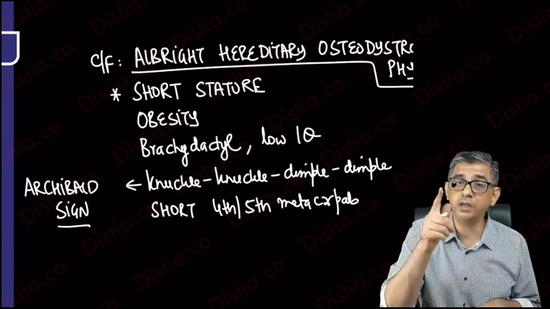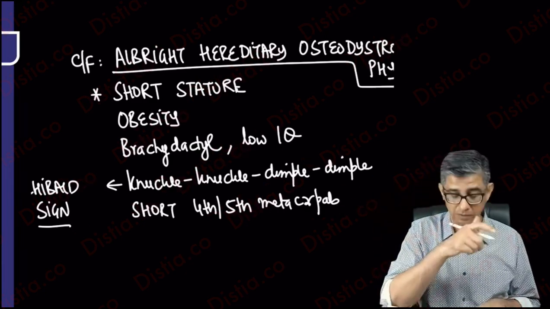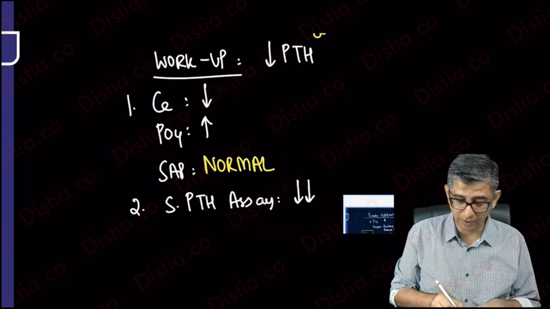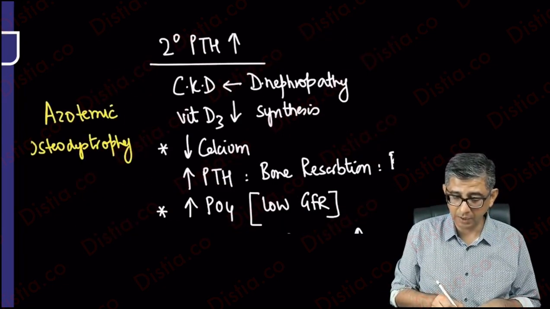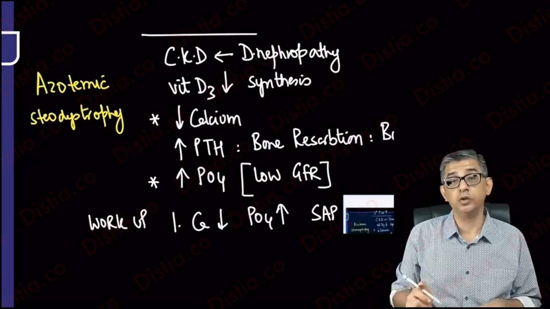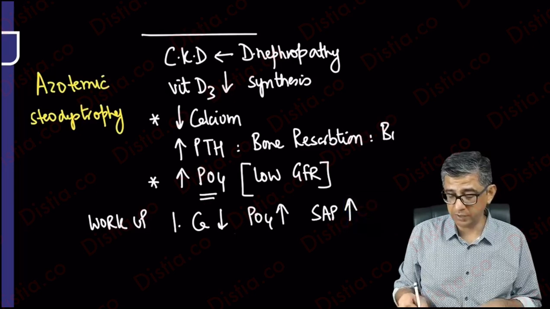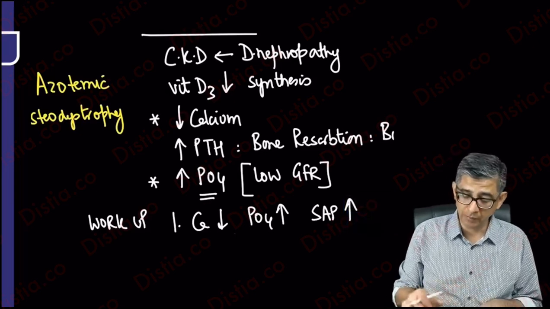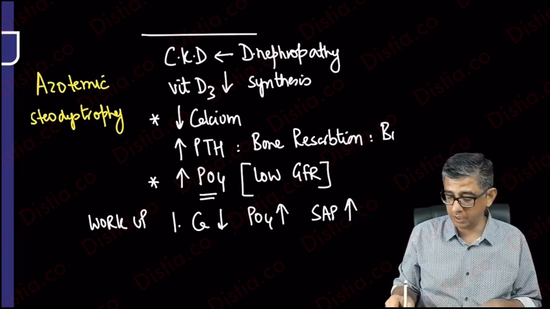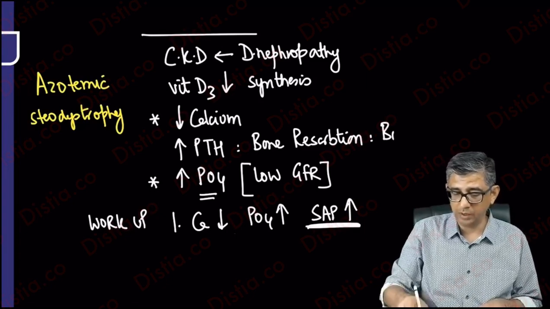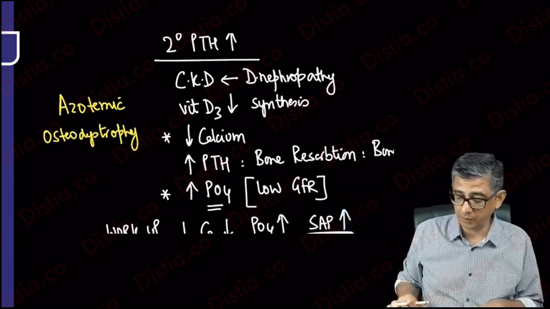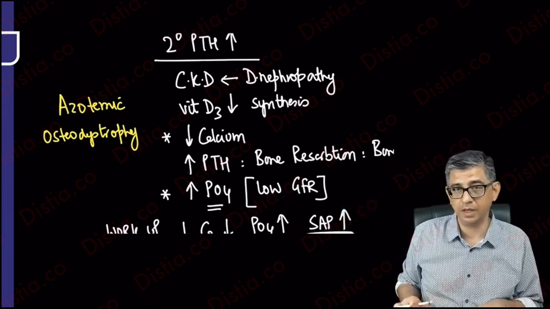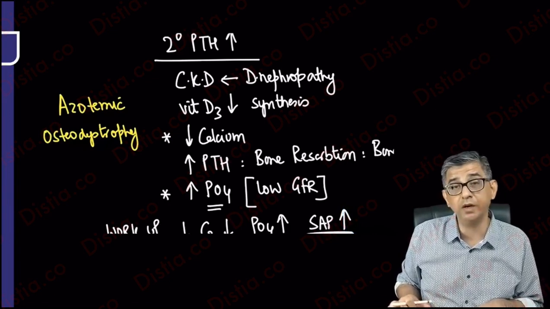But if it was CKD, I can just go back to that slide, when we were discussing a patient who has secondary hyperparathyroidism, the reason for elevation of phosphate was different. It was low GFR, and serum alkaline phosphatase in the patient was elevated. You can see secondary hyperparathyroidism: calcium is less, phosphate is more, SAP was elevated.